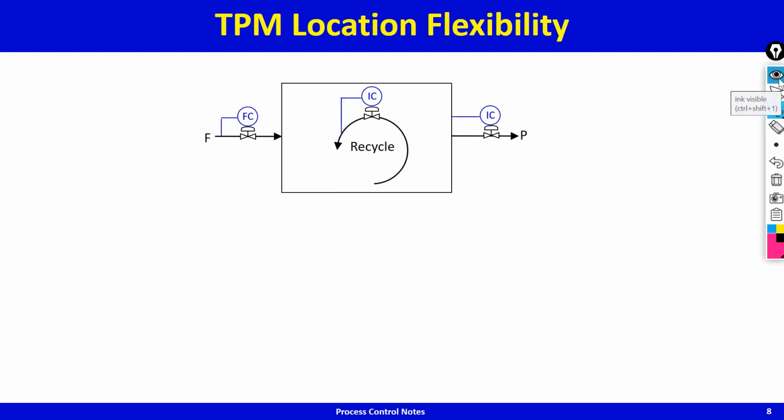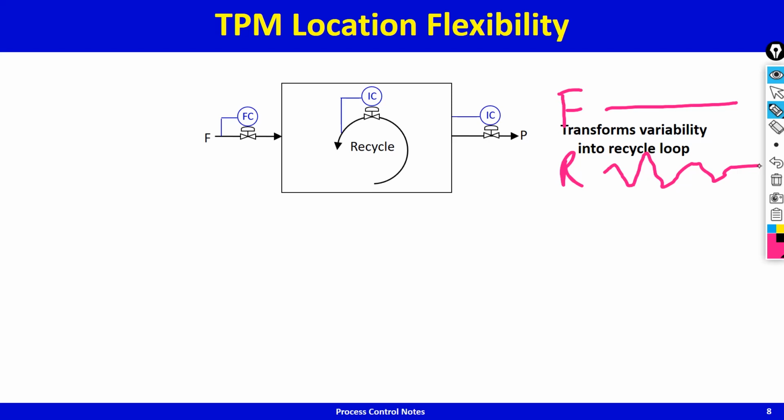In this case, feed rate is fixed, recycle rate, because of inventory controller, because recycle rate is being manipulated by level controllers or pressure controllers, depending on whether it's a gas recycle loop or a liquid recycle loop. Recycle rate is going all over the place. If you look at this, it transforms variability into the recycle loop.